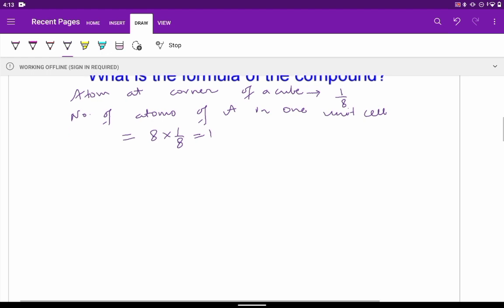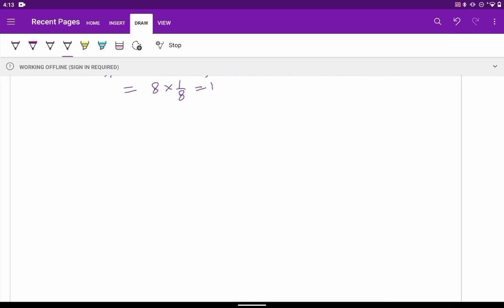So this is about A. Now about B. An atom at the face of the cube will contribute 1/2 to the unit cell.